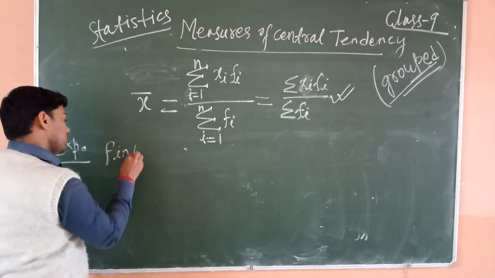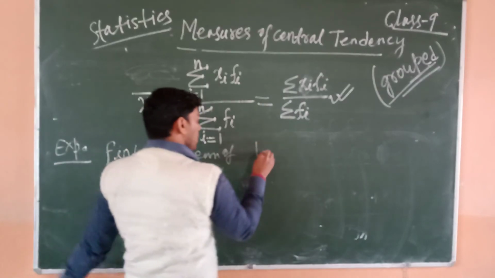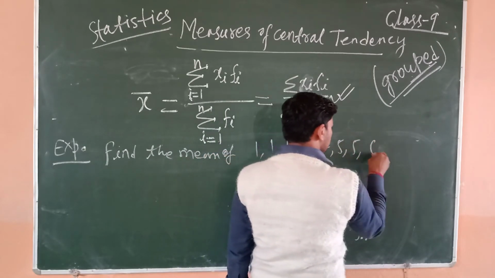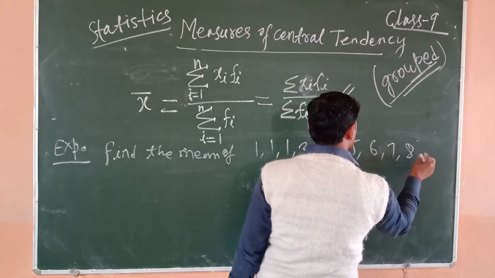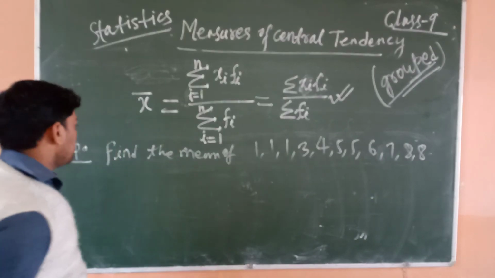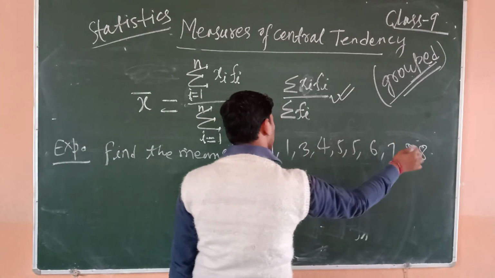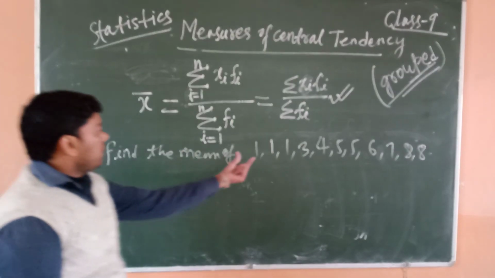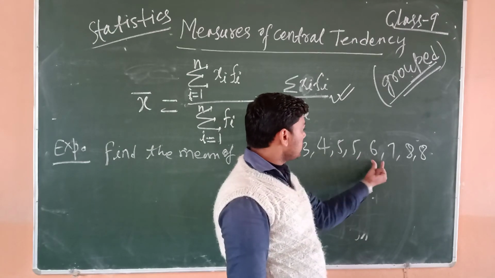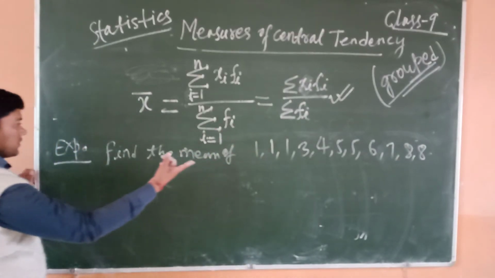Find the mean of 1, 3, 4, 5, 6, 7, 8 and 8. This is the data. See, 1 occurs 3 times, 3 1 time, 4 1 time, 5 2 times, 6 1 time, 7 1 time, 8 occurs 2 times. There are frequencies.